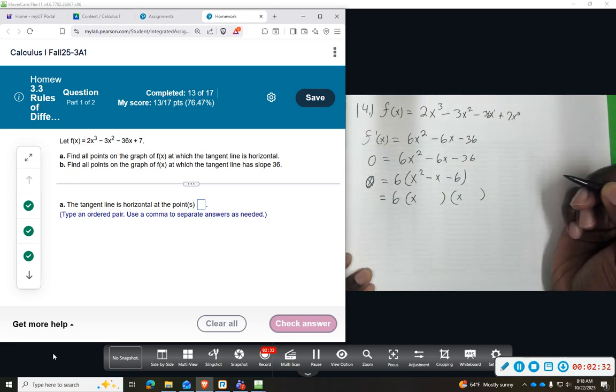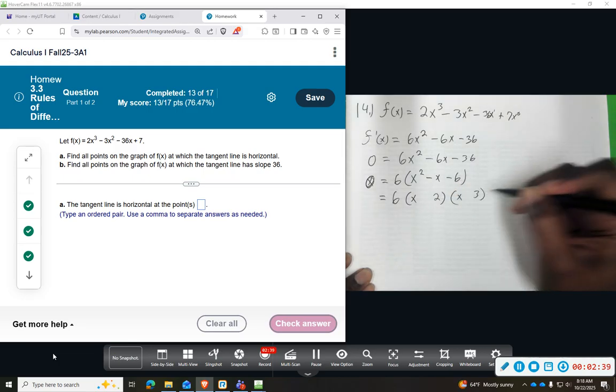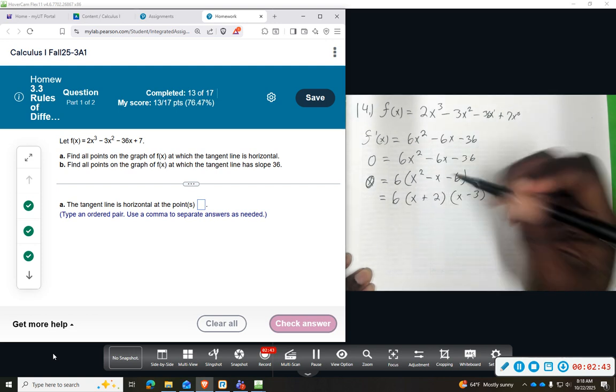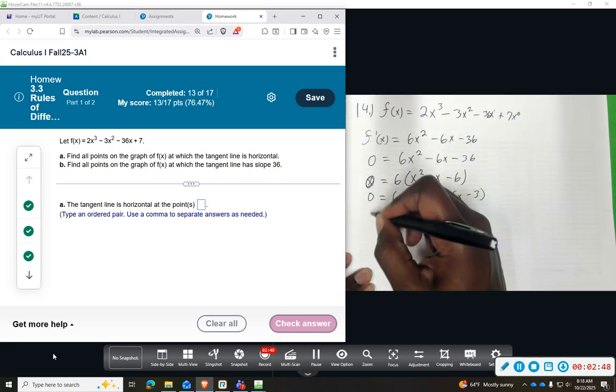So we have x, and then 2 and 3. We'll need the 3 to be negative and the 2 to be positive to get a negative 1. And then again we'll divide by 6.